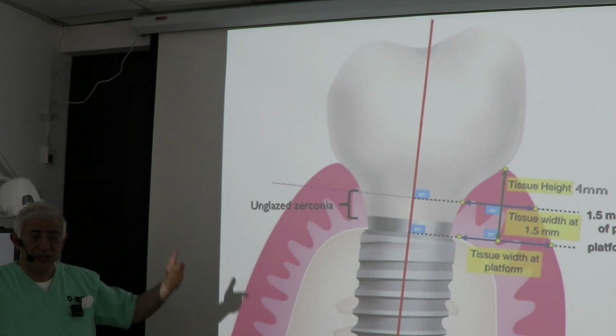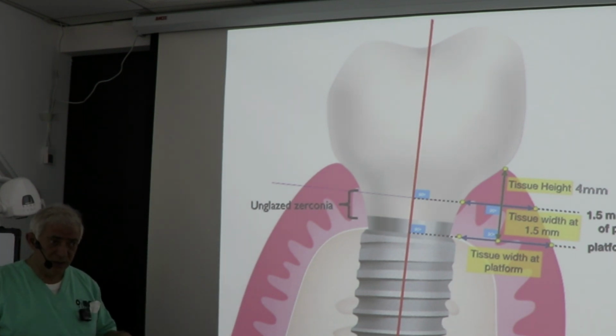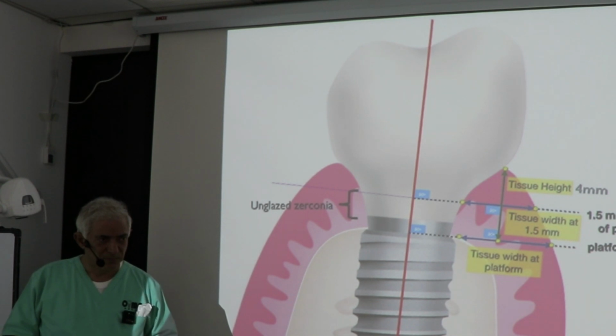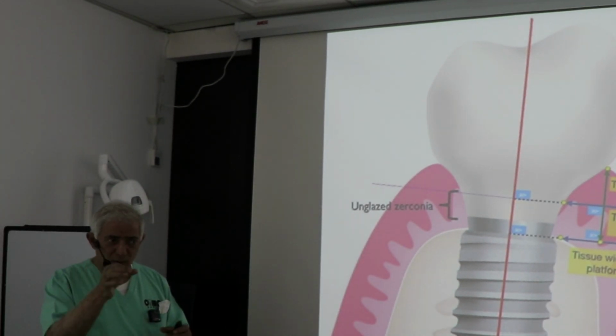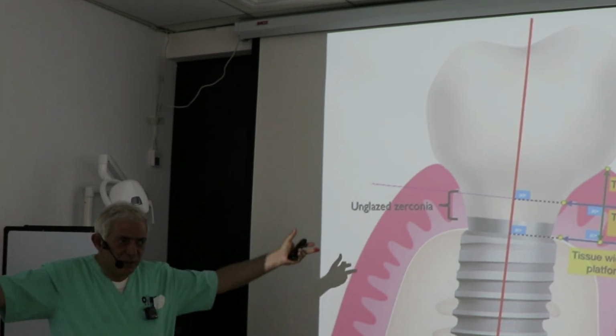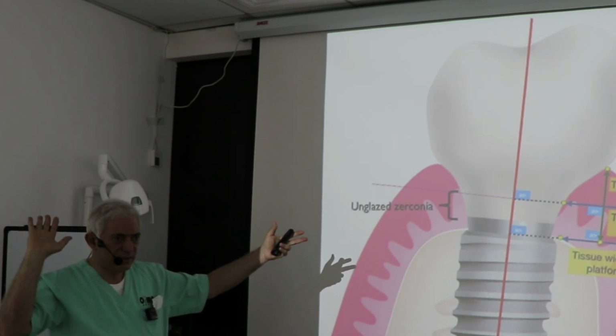So provisionalization of the gum at the day of surgery is now more important than before. Before, you put the implant, cover screw, close it. Then you collapse all the gum, and at the time of uncovery you have a small gum, a big tooth, and a depression on the buccal, always.